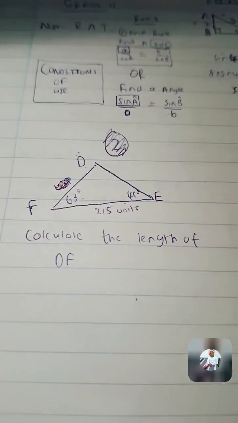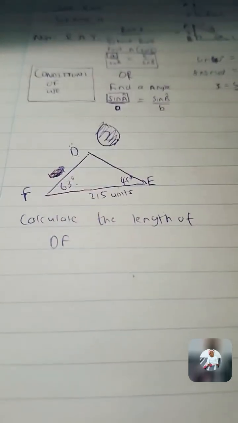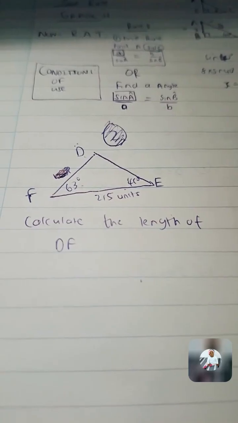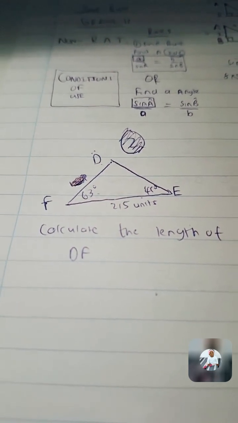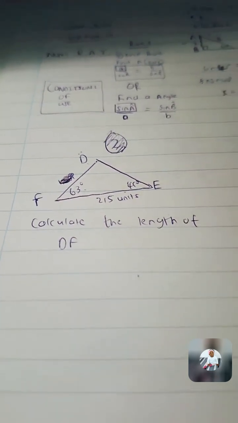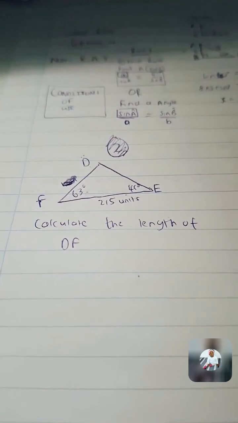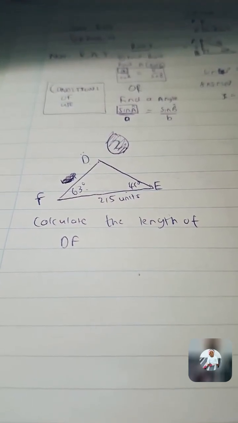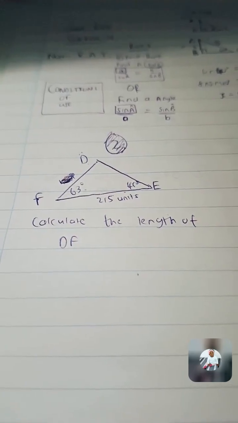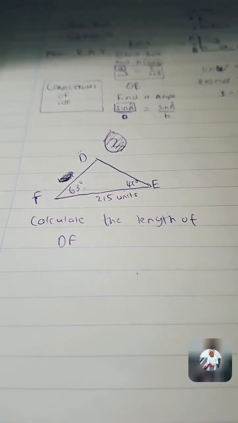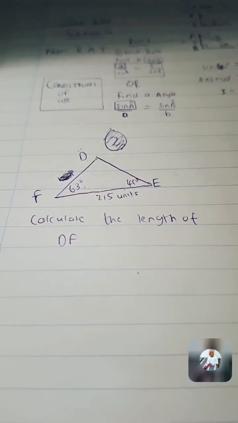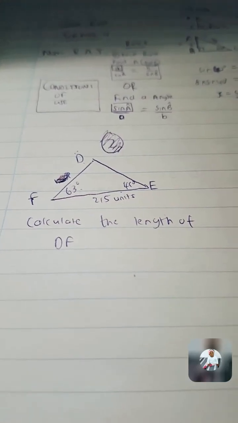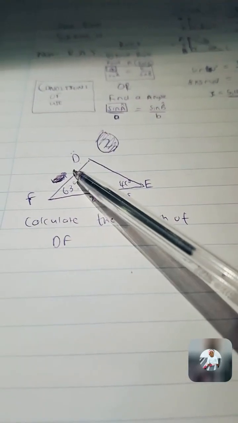So our DF, we could call it the small e, because it's opposite angle E. So DF is what we want, all right?